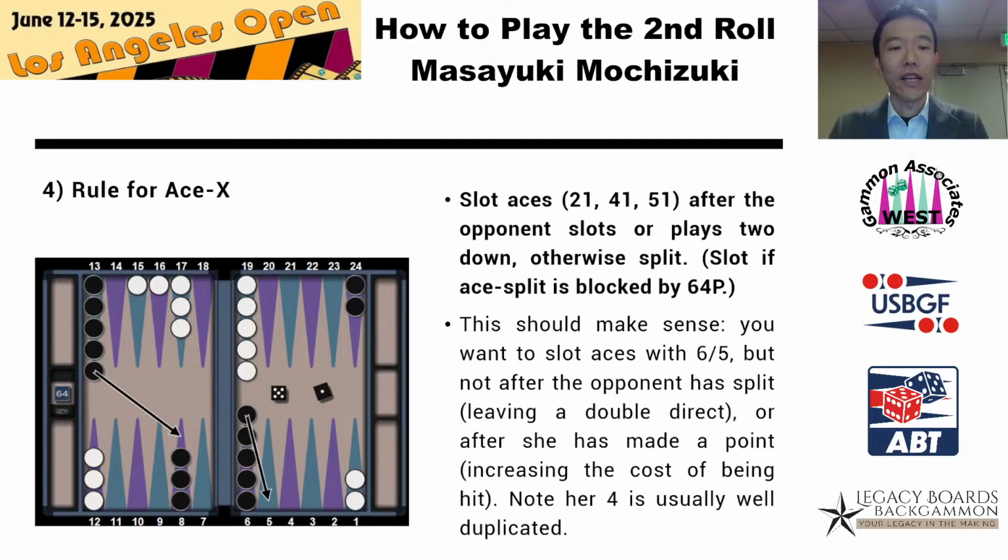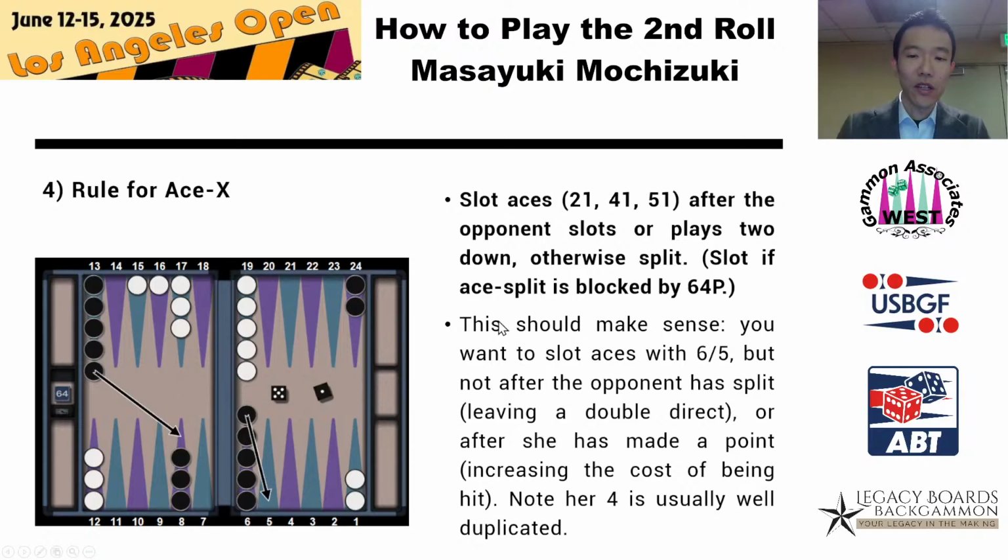So the possible candidates for 1s are that you either slot on the 5 point or you split the back man. As a result, the only time you slot is when he plays 2 down or he also plays slot. Otherwise, you have to split. So it says slot aces after the opponent slots or plays 2 down, otherwise split.